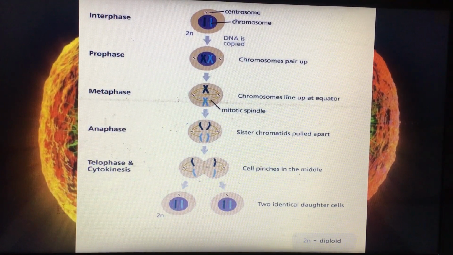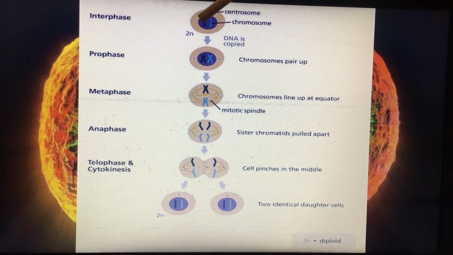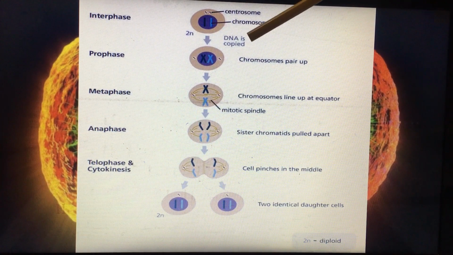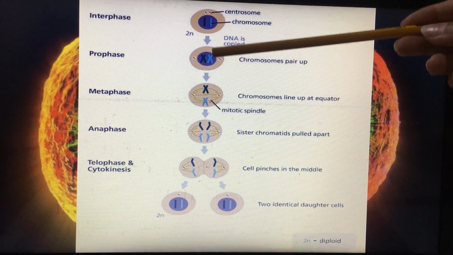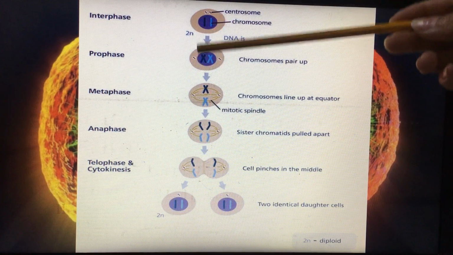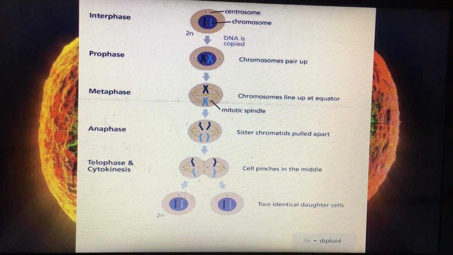So again, we have 2 chromosomes. They replicated to give 2 identical chromatids each. This chromosome has 2 identical chromatids, and the second chromosome has 2 identical chromatids.